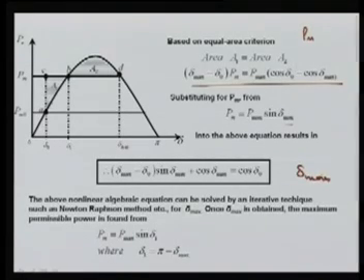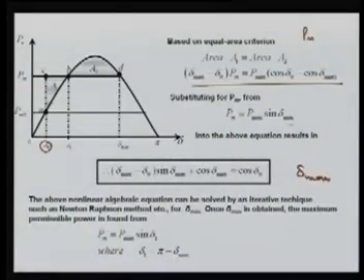This is a nonlinear equation, because we have sin delta max, another delta max here, and cosine of delta max, and of course the cos delta naught is known to you. Delta naught is where your machine was originally operating, and that can be calculated because PM naught is known to you.